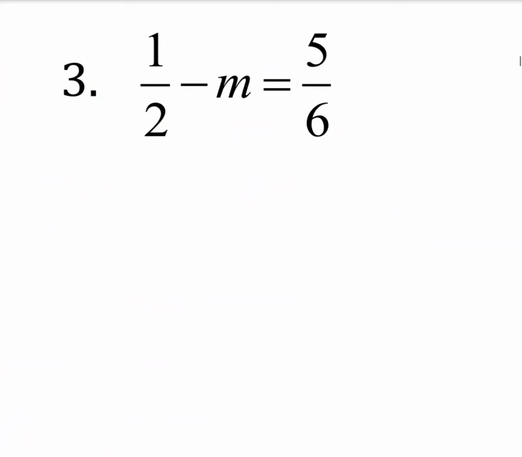Number 3, okay, we have m, so we're going to be solving for m. And we do have some fractions. Now, I know that I have to move the 1/2, but you can't subtract the 1/2 and the 5/6 yet because they don't have common denominators. So we are going to multiply the 1/2 by 3/3.